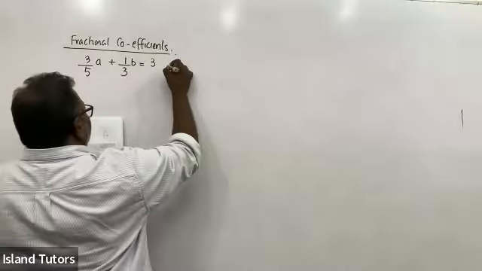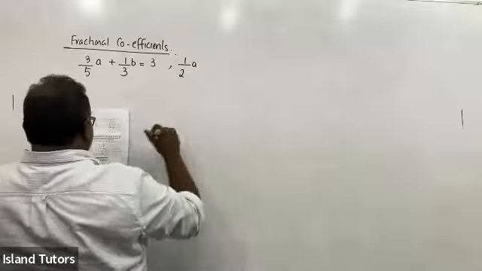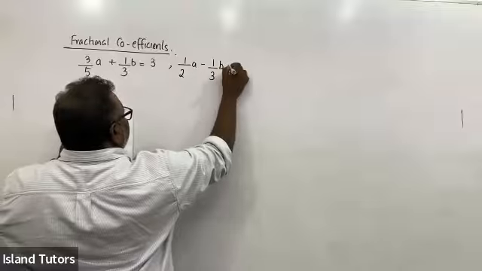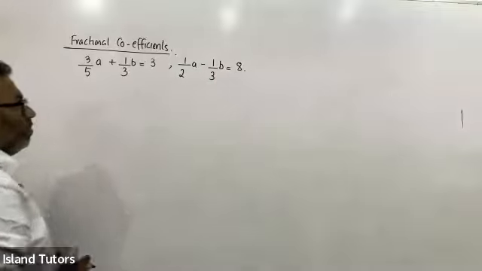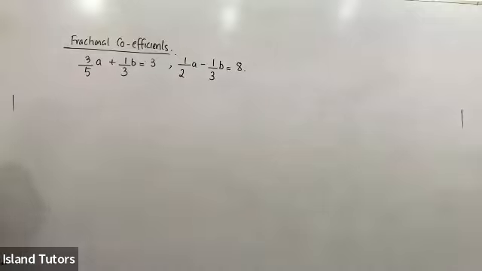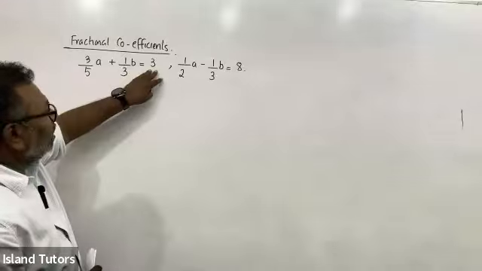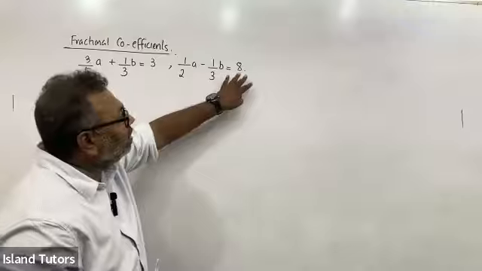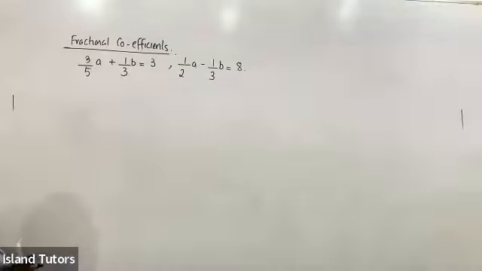And you have another, which is 1 over 2 A minus 1 over 3 B is equal to 8. Right? So here you're adding 2 fractions, giving you 3. Here you're subtracting 2 fractions, you're getting 8. Right? Do it step by step.